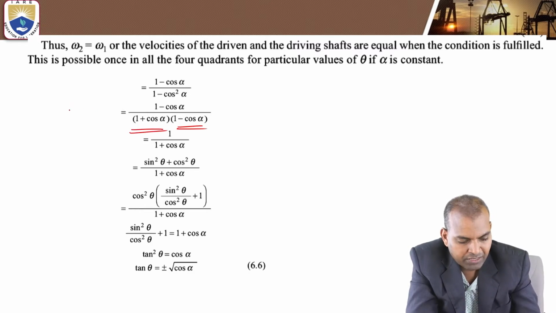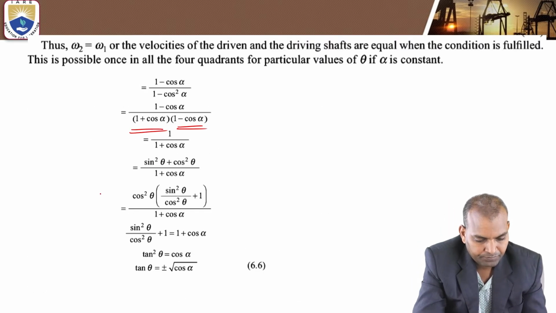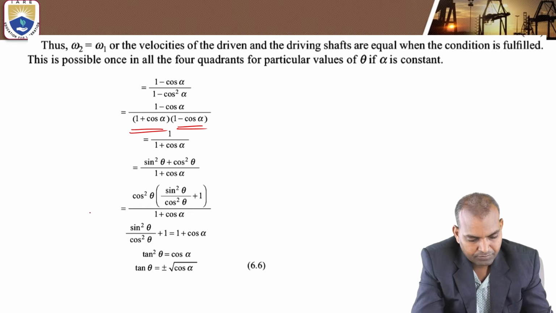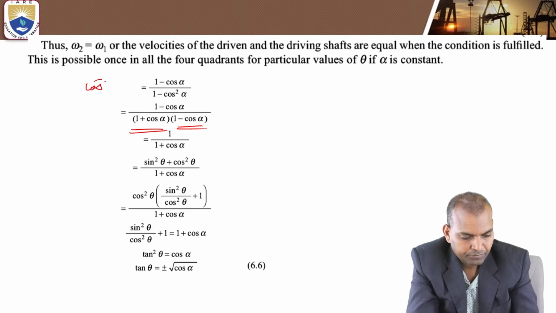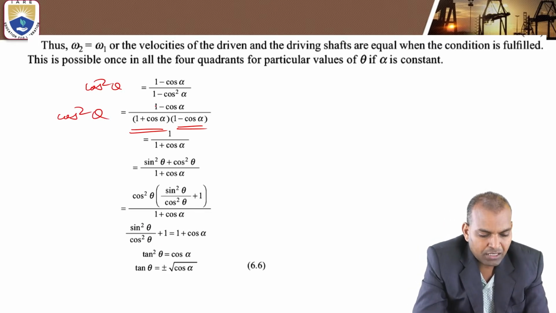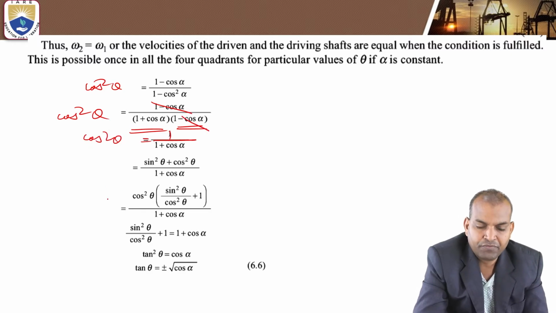So the 1 minus cos alpha will be cancelled. Then cos square theta equals 1 by 1 plus cos alpha.